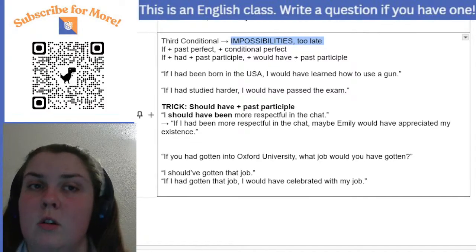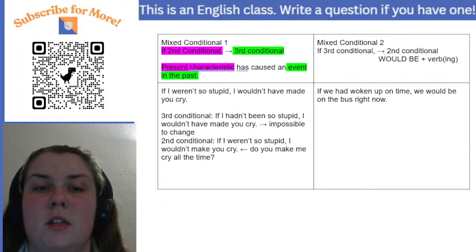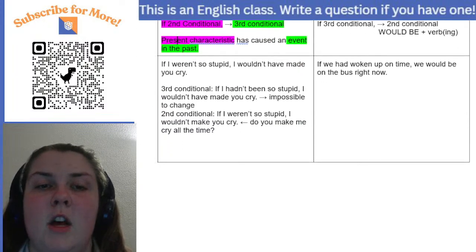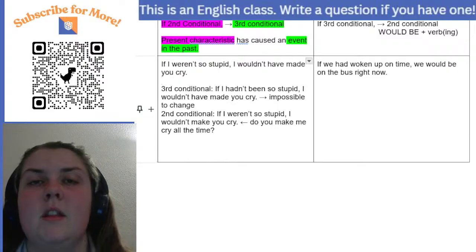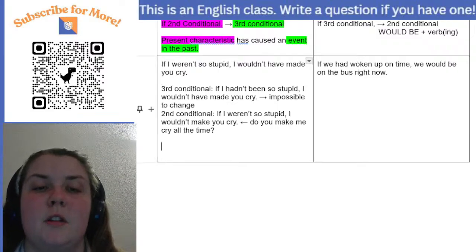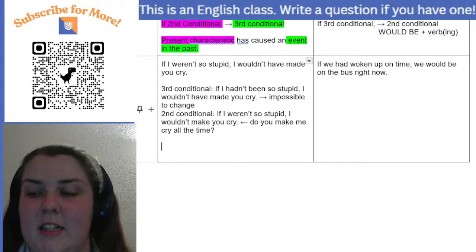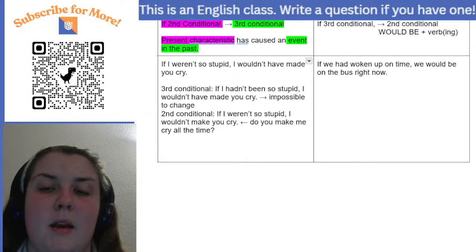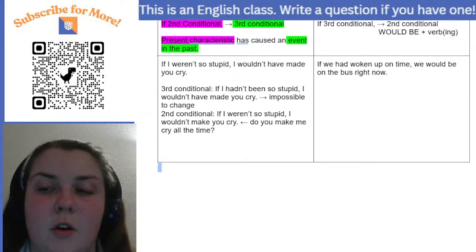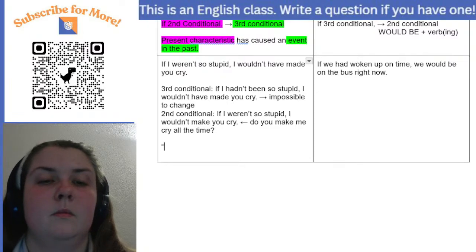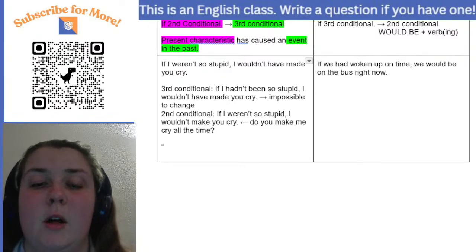And so it also makes sense to use this in the context of the mixed conditional. Something that is present, something that continuously happens in the present, has affected something in the past and made something quite negative. Okay, so let's think of some more examples, shall we?